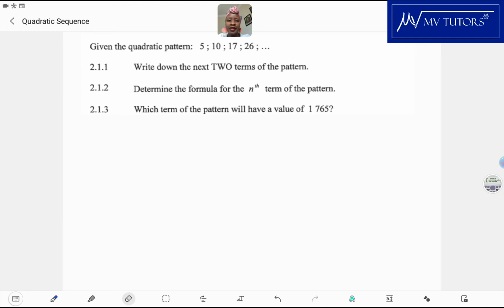So we have a quadratic pattern 5, 10, 17, and 26. The first question, 2.1.1, says, write down the next two terms of the pattern. I'm just going to write it out. It is 5, 10, 17, 26.